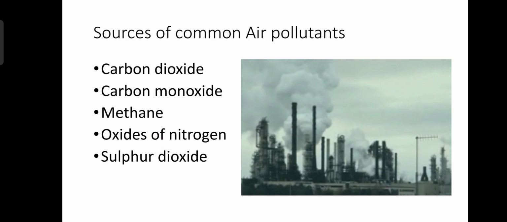Yesterday we discussed that carbon monoxide is mostly produced by the combustion of fuels, incomplete combustion and complete combustion. In complete combustion we get water and carbon dioxide, and in incomplete combustion we get carbon monoxide, water and carbon.